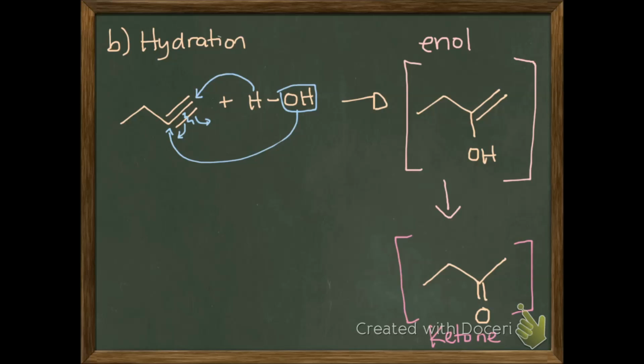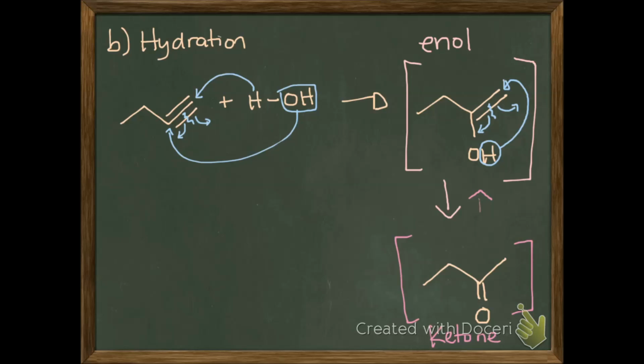What happens here, the reaction is a little reversible. This double bond will break, this will come here, this will come here, and the hydrogen will move to this carbon to get the ketone.